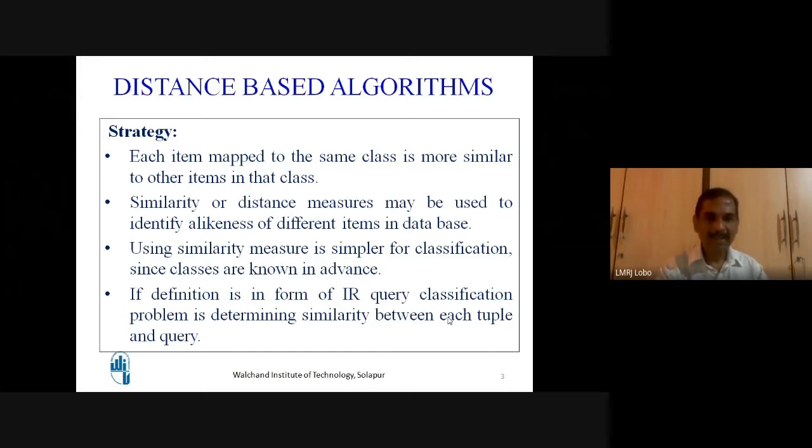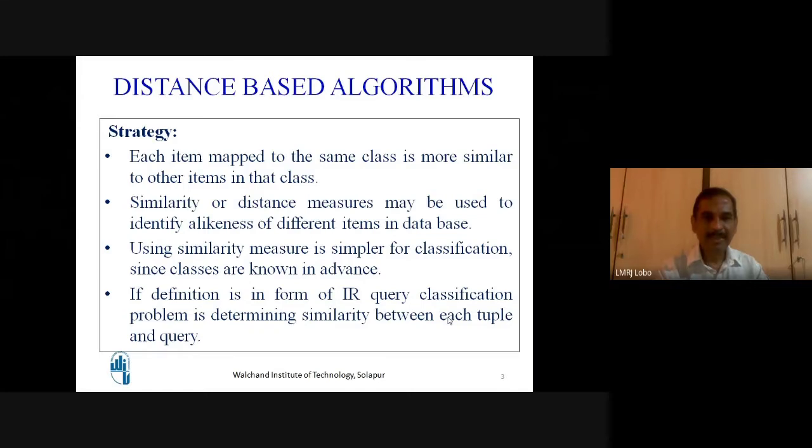So similarity between items in the same class is more than similarity between an item from one class and another class. The similarity or the distance between two items, which we call the difference, may be considered as a measure to identify the likeness of different items in the database.